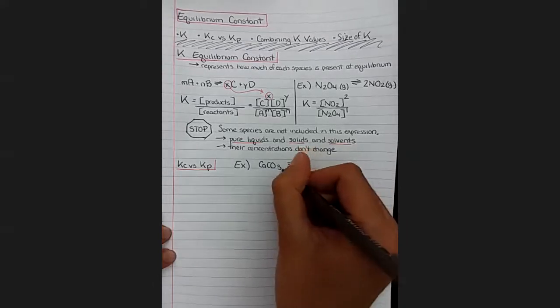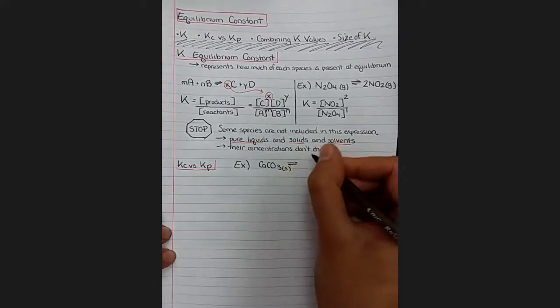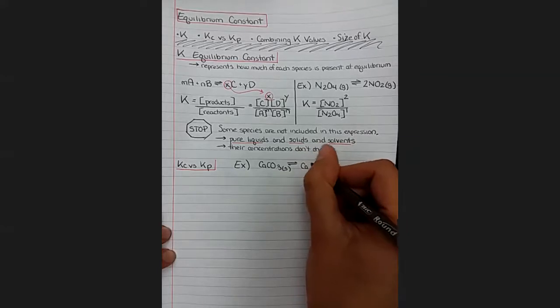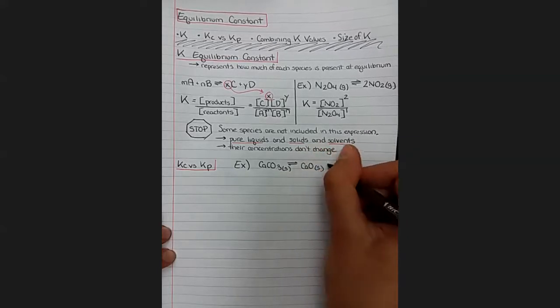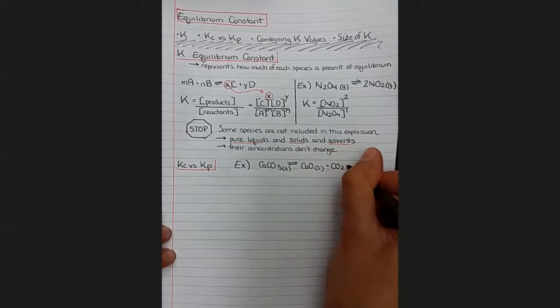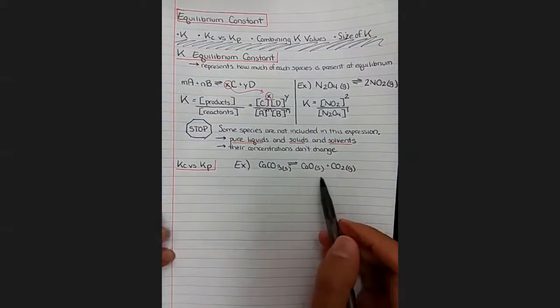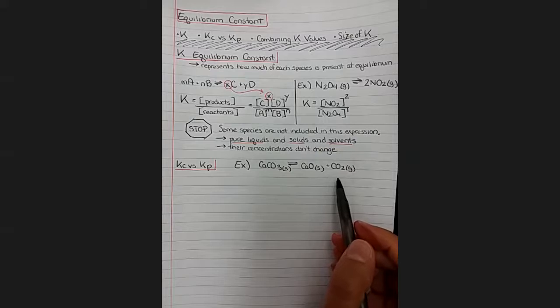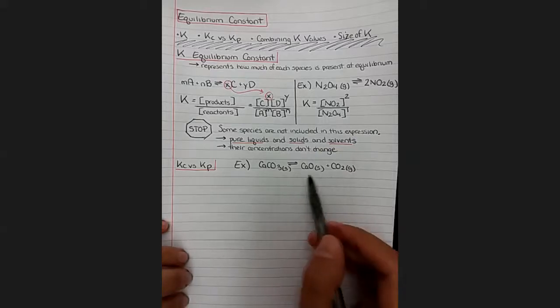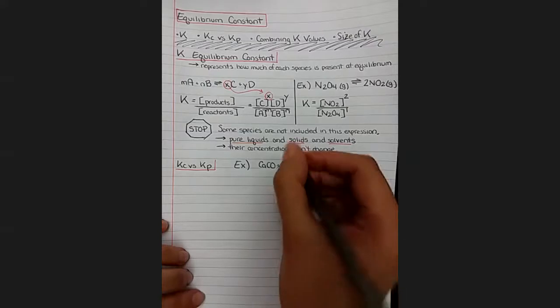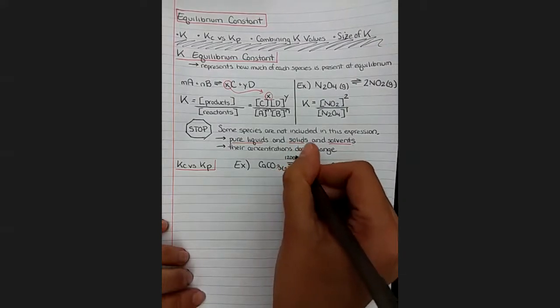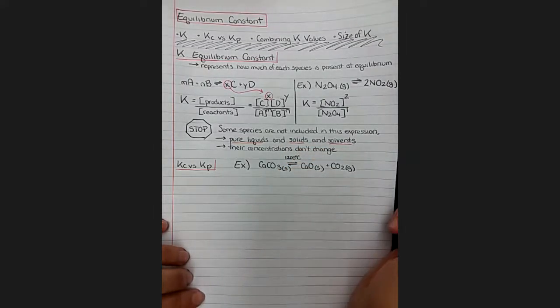So let's look at an equation with some of those pure solids and liquids in it. This one. So this is calcium carbonate at equilibrium with calcium oxide and carbon dioxide. Now this is not something that is going to happen at room temperature. This happens at 1200 degrees, very, very high temperature.